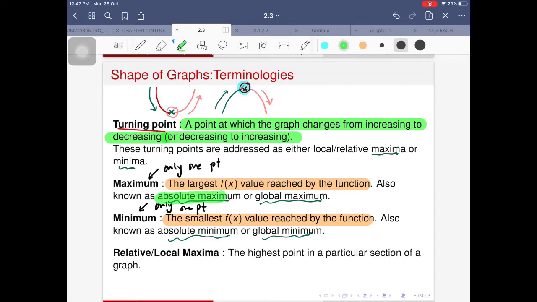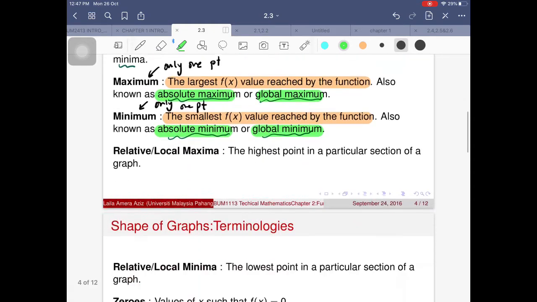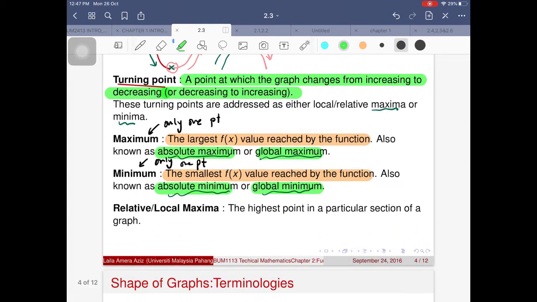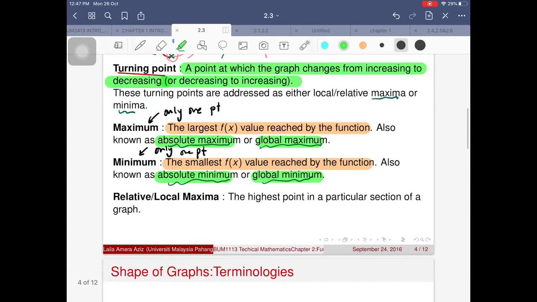It's the highest or the lowest point in the function itself.